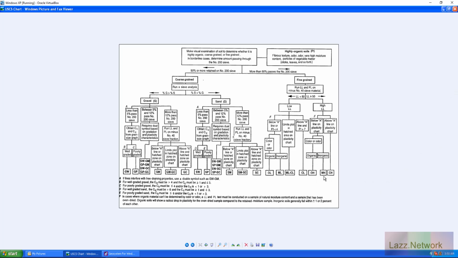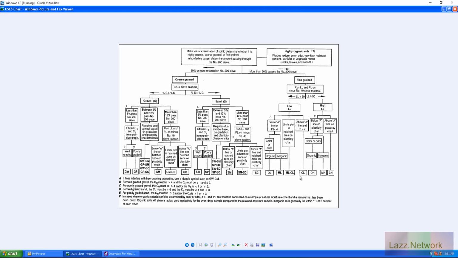So we have our OH, MH, which indicates if it's organic or not, or is it CH, which just means that it's above the A line, and people usually call CH fatty clay. They usually call MH lean clay. Usually ML, CL is, well, sometimes they'll call CL lean clay as well.